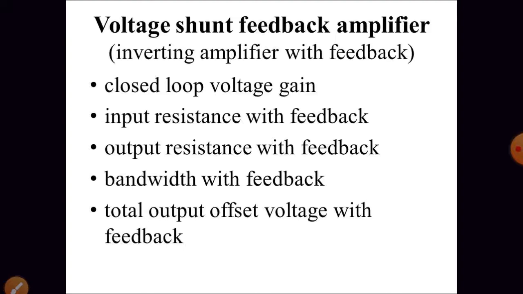Here we have to derive the closed loop voltage gain, input resistance with feedback, output resistance with feedback, bandwidth with feedback, and total output offset voltage with feedback. These are the points we have to cover.